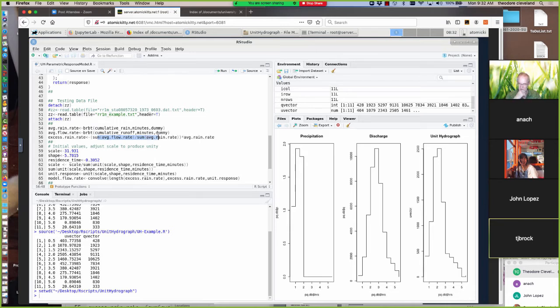So you can think of this as called a proportional loss model. So if the total runoff time series adds up to, say, 7 watershed inches, and the total input time series is 14 watershed inches, then the excess is 0.5 times the input. And that's how this functions.